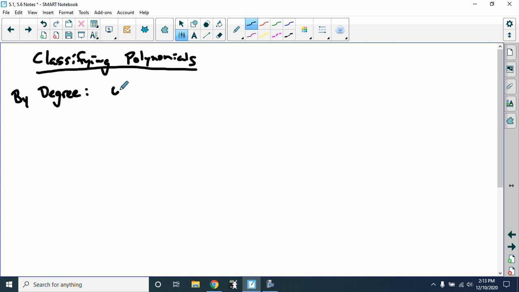The degree, it could be 0. We'll come back and talk about that one. If the degree is 1, that's something like y equals 4x minus 3. X is to the first. That's the highest power of x is 1. This is called a linear equation. We talked all about linear equations back in chapter 2.